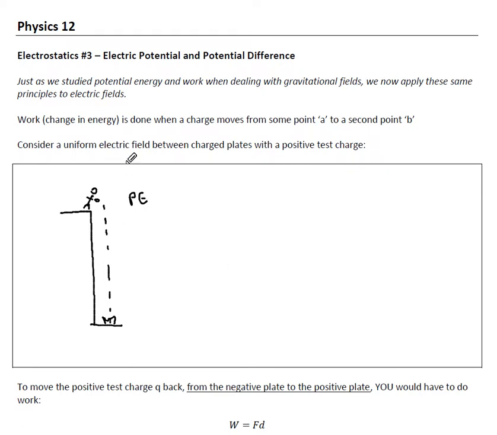So now we're going to look at something called a capacitor and charged plates. How a capacitor works is that if we have one charged plate that's positively charged, and another plate that is negatively charged, we create what's called a potential difference.